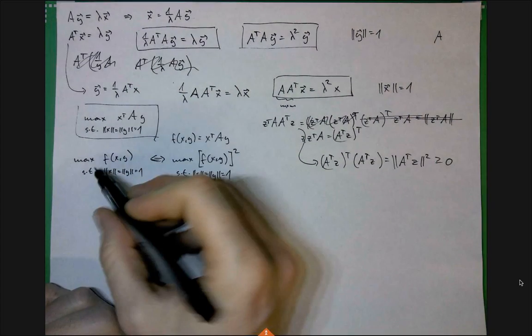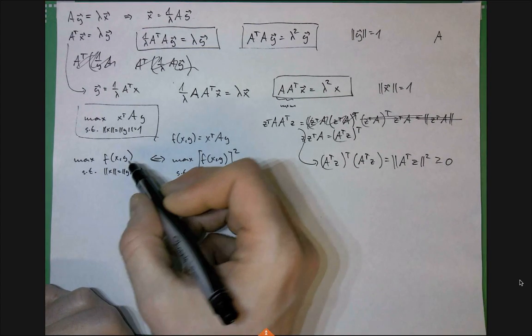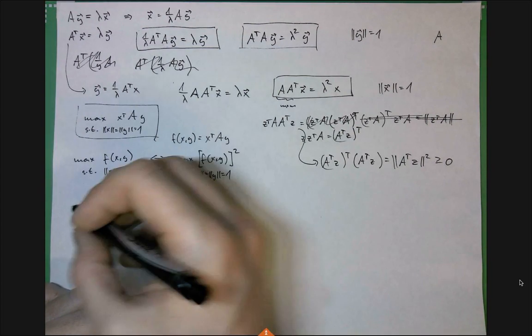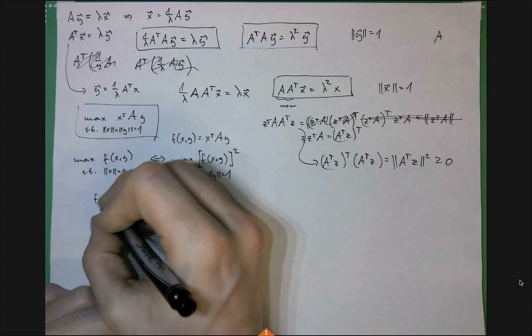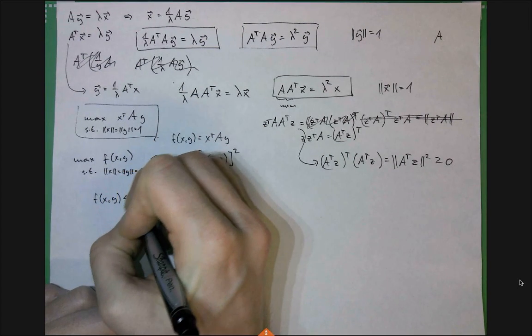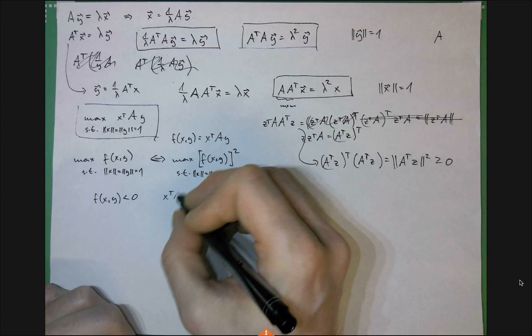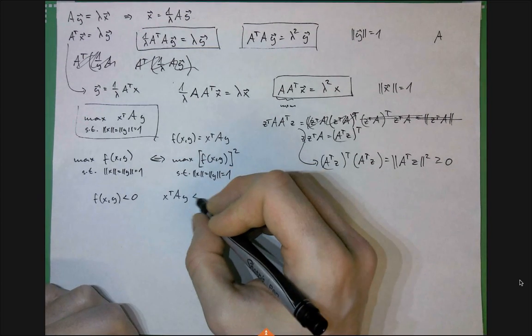But the maximum of f(x,y) cannot really be negative, because imagine if the maximum happened to be negative, meaning that x transpose Ay is negative.